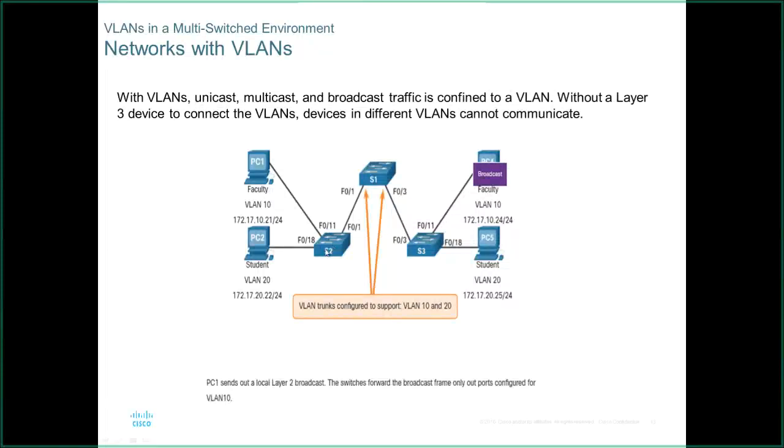Switch 2 doesn't have any other devices on VLAN 10, but there's a trunk going up to switch 1 which has VLAN 10 in it, so it travels up there, down to switch 3, and it broadcasts out to every other device in VLAN 10. VLAN 20 devices do not see that broadcast.